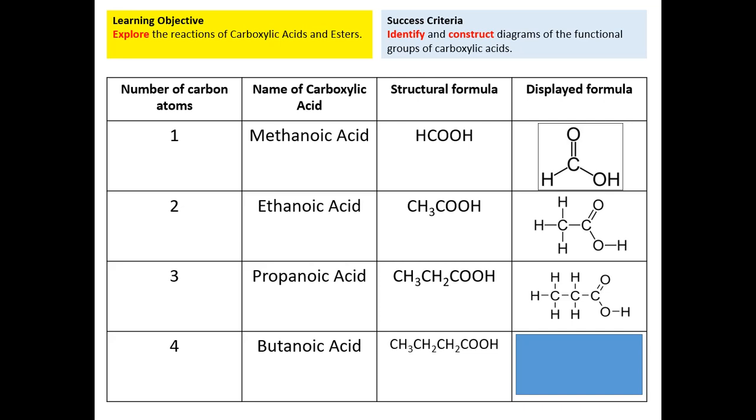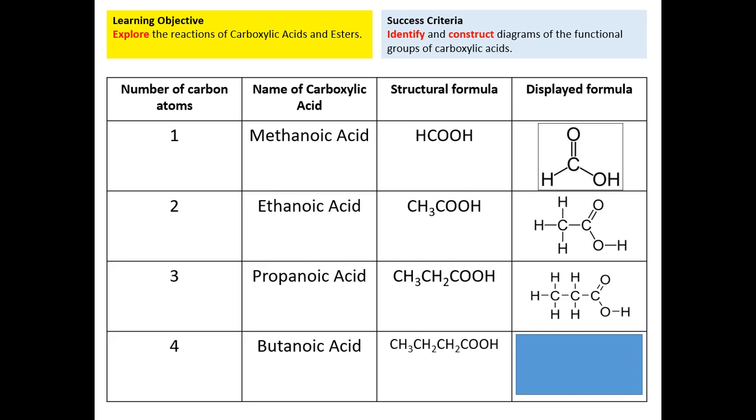If you were to go on to the next one, and it was pentanoic acid, that structural formula would be exactly the same, apart from you would have another CH2 in the middle, and that continues every single time, because that's how you're making sure all the carbons have 4 bonds when it's attached to the others.